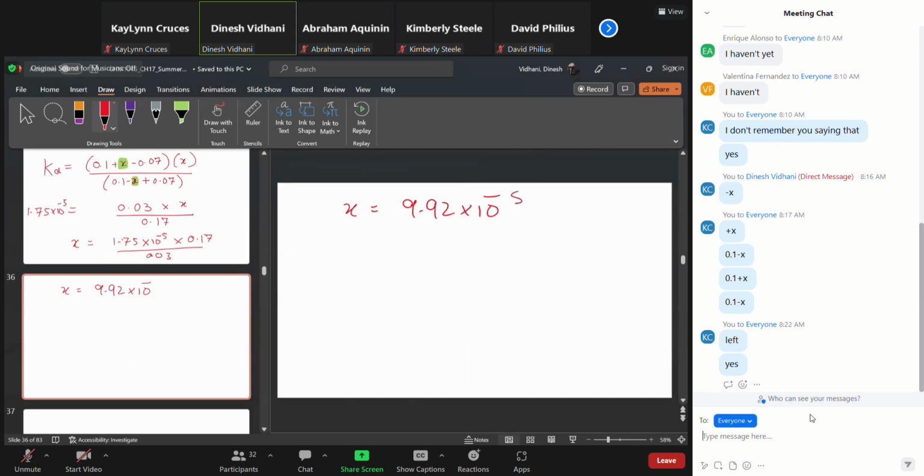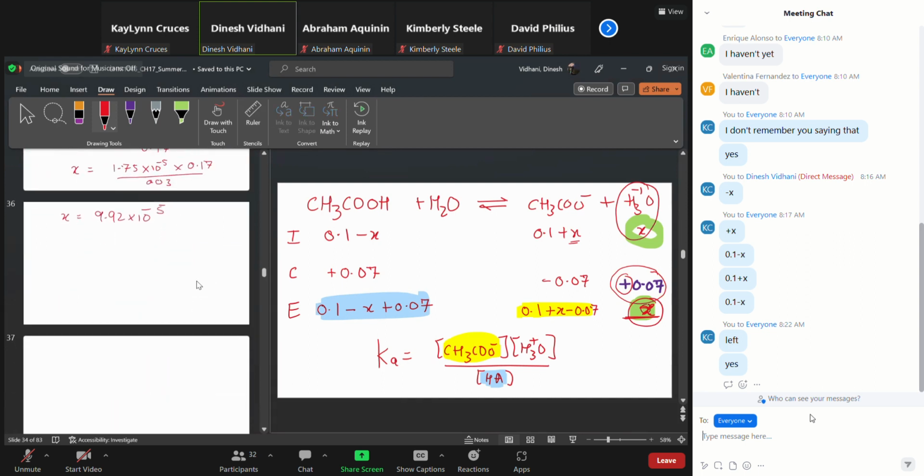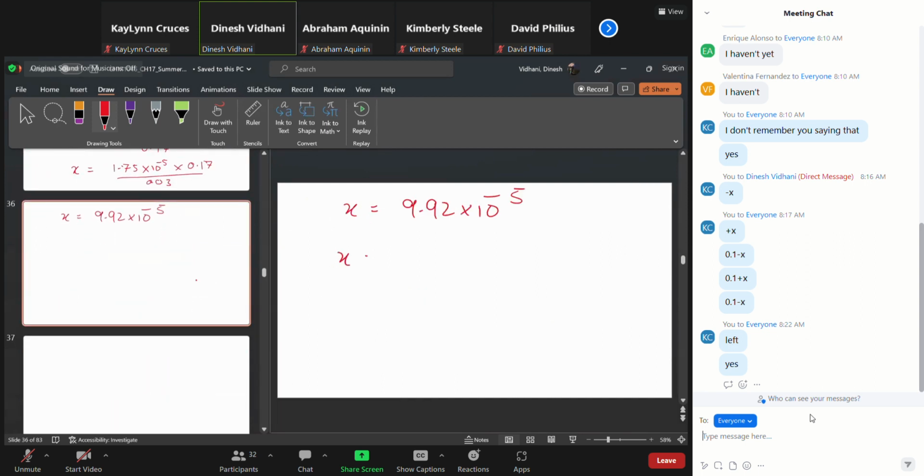Okay. Now, when you are looking at this X, what exactly is X? Look at the ICE table. X is your amount of hydronium ion in the solution. So X equals the hydronium ion concentration. If I want to find pH, I can simply take a negative log of 9.92 times 10 to the power negative 5.